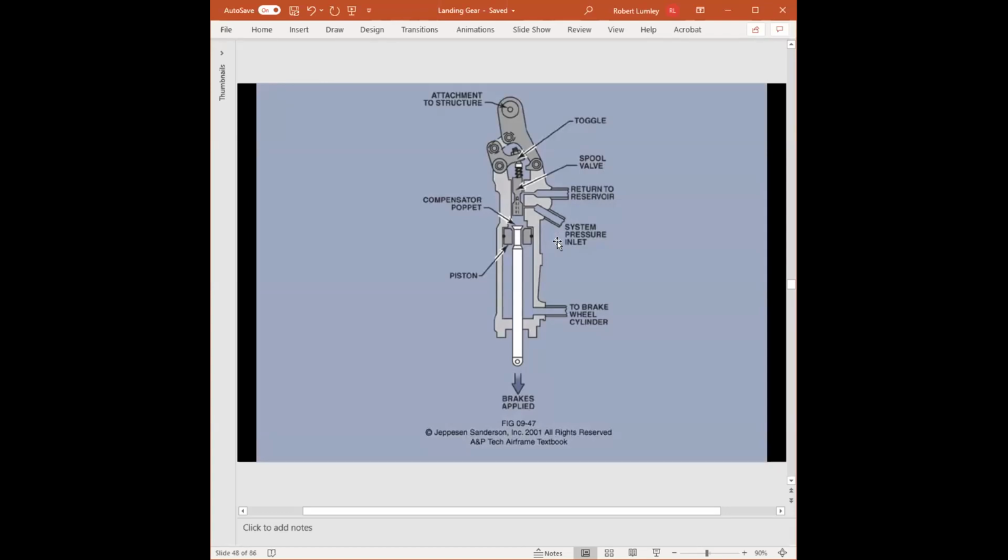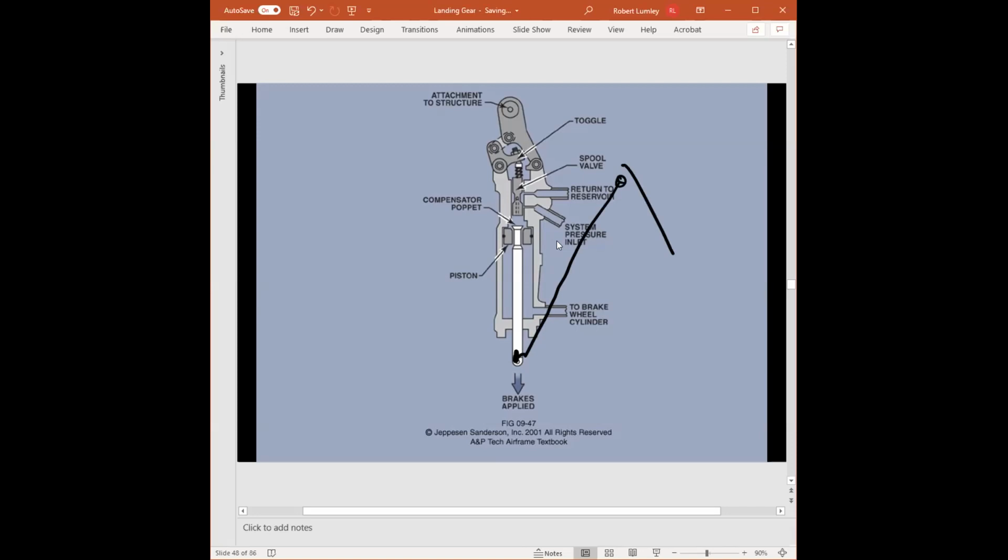In a boosted brake system, the pilot, remember it's the rudder pedal on the toe, is connected to this lower shaft.